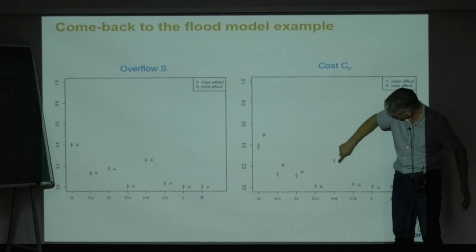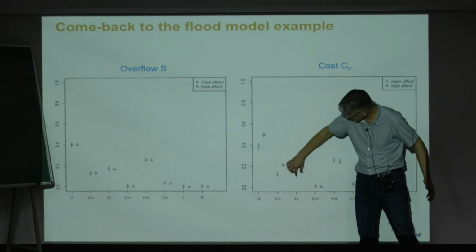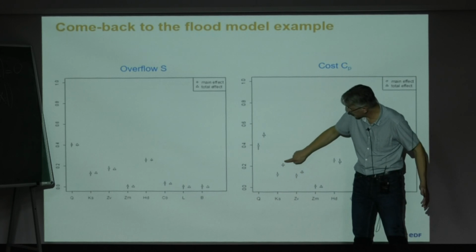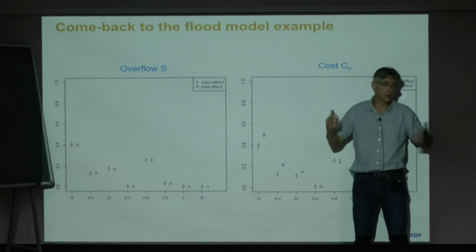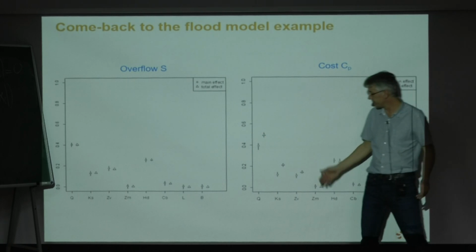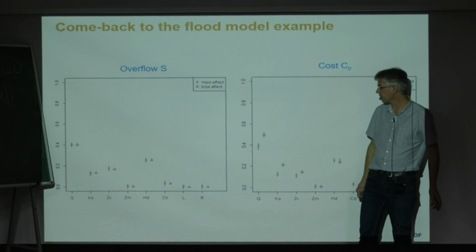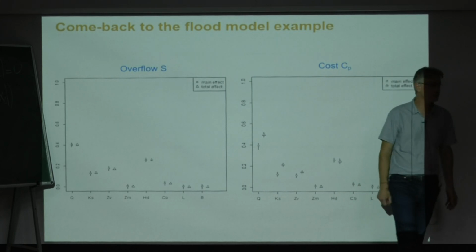Here the first order and the total are almost the same. Here also, or maybe a small increase. And here I have something. So now I can easily interpret this and conclude that these two inputs have an interaction effect. Okay?